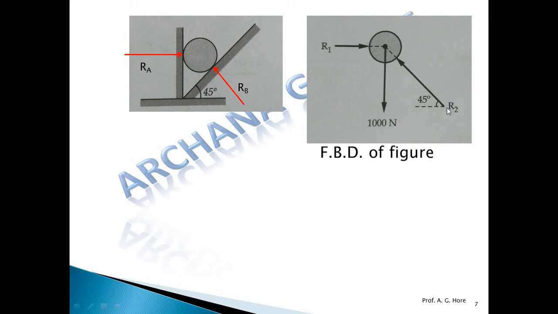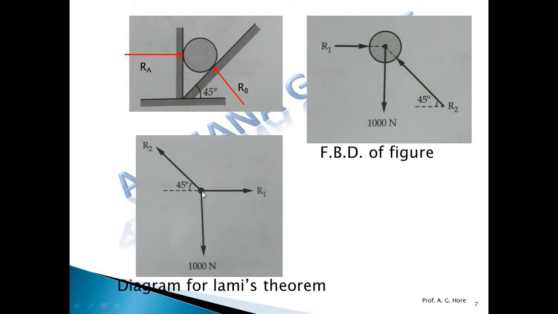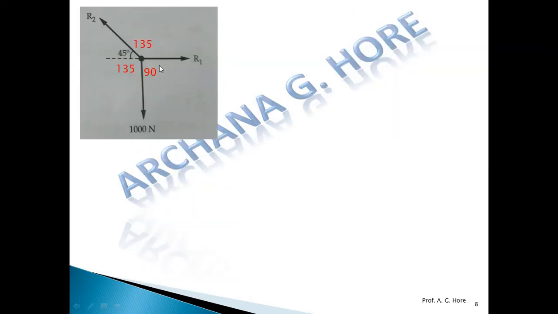So here by applying simply Lami's theorem, all these forces are away from the joint. Okay, this is the second quadrant force, this is the right side, lies on the x-axis, R1 or RA. So find out the angle between those forces, like this. Now apply Lami's theorem.